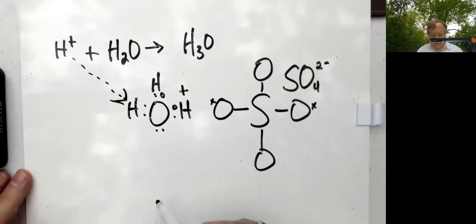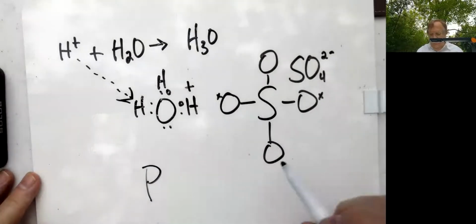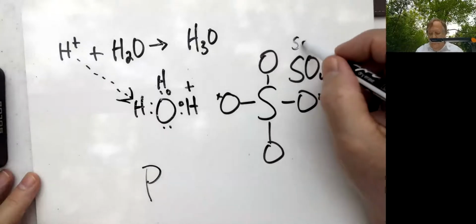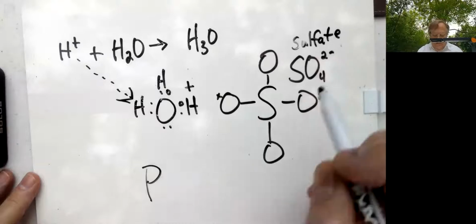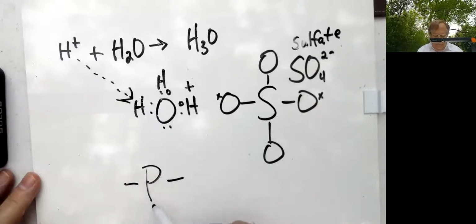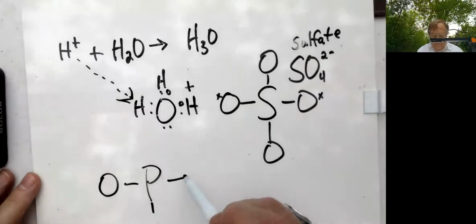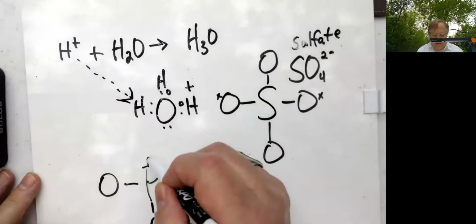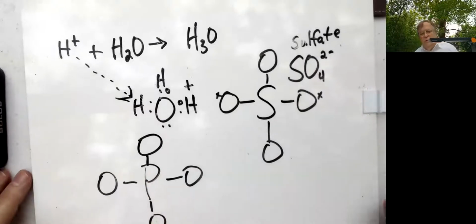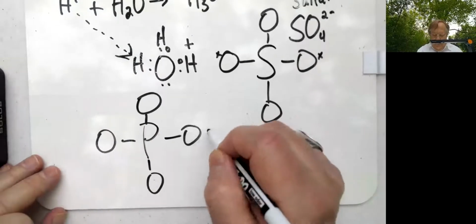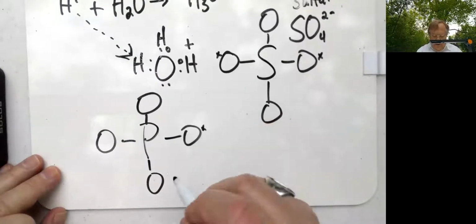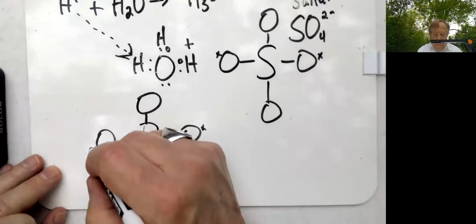All right, and then here's phosphate. This is sulfate, by the way. And here is phosphate. These oxygens are similar. And this one has 3 extra electrons.